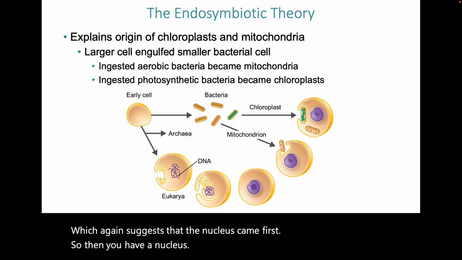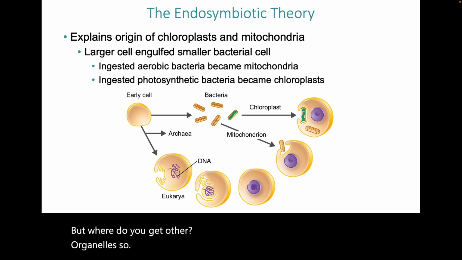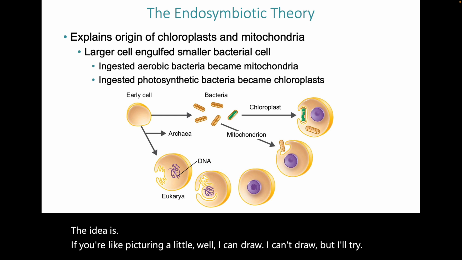But where do you get other organelles? So the early cell, the idea is, if you're picturing a little, well, I can't draw, but I'll try. Okay, black, here we go.